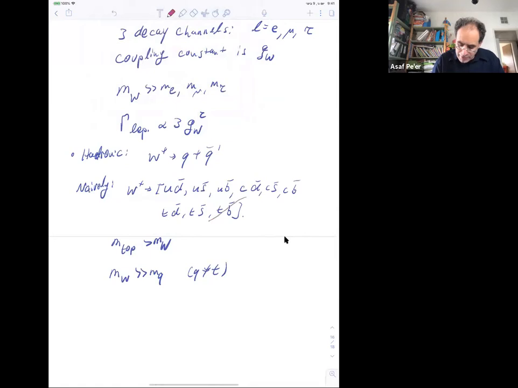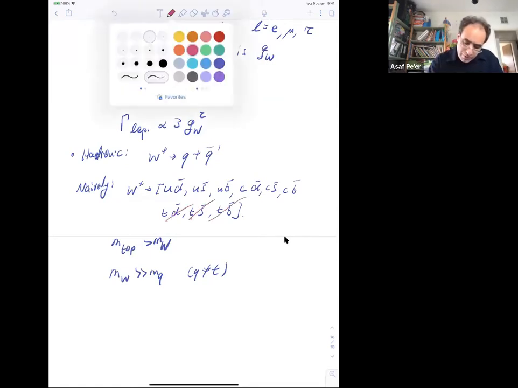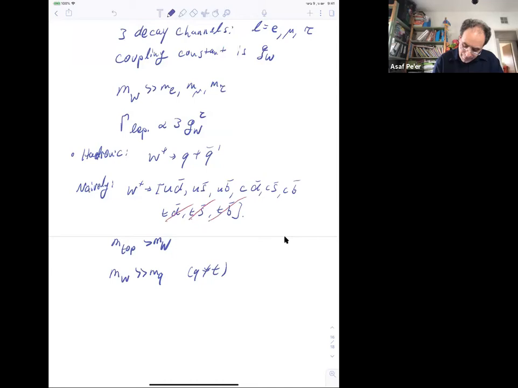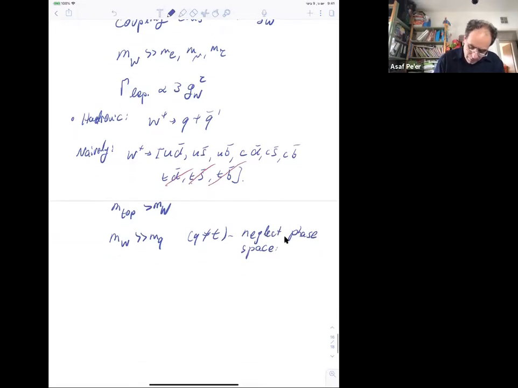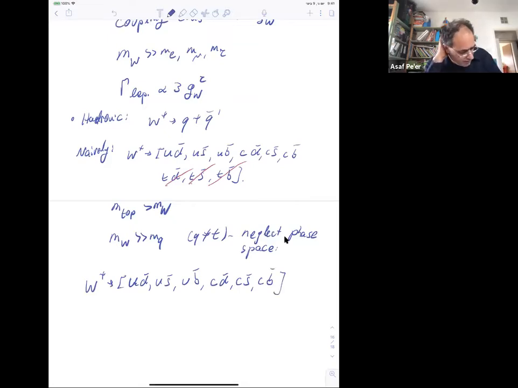Everything that includes the top is excluded. So we're left with W plus goes into up anti-down, up anti-S, up anti-B, charm anti-D, charm anti-S, and charm anti-B. We're now left with 6 options.